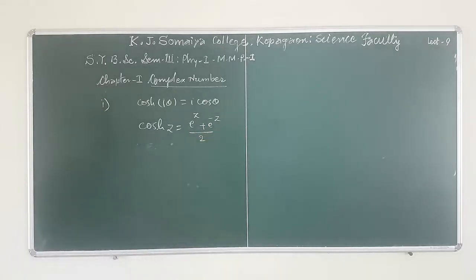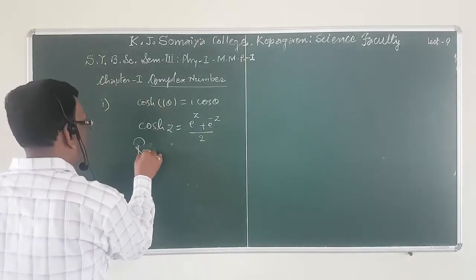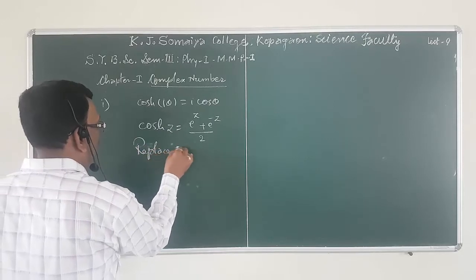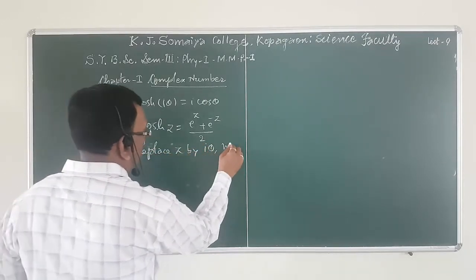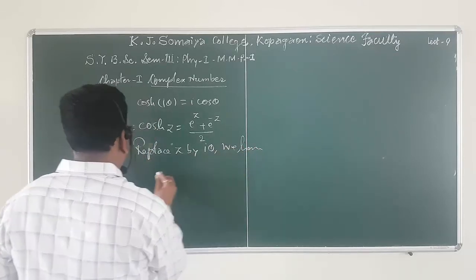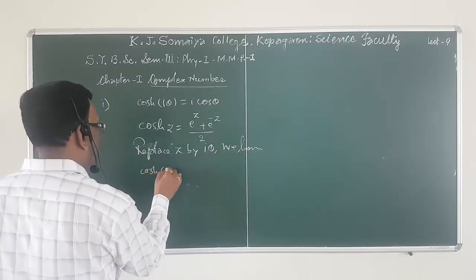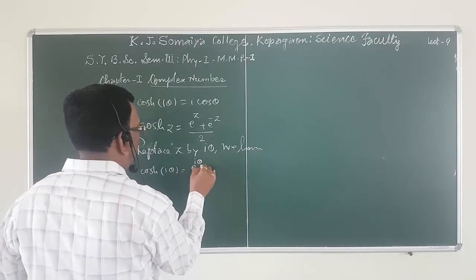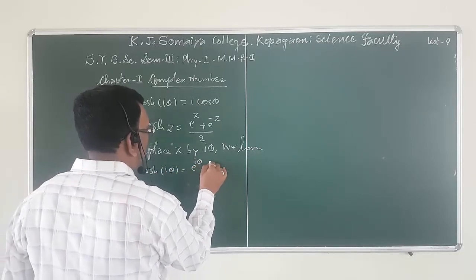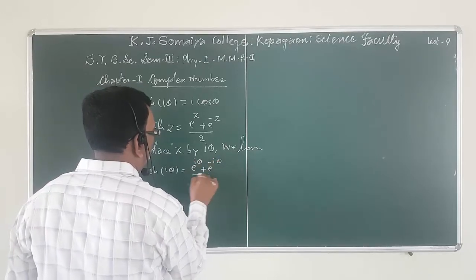Now, again here replace z by i theta, we have cosh i theta is equal to e raised to i theta plus e raised to minus i theta upon 2.